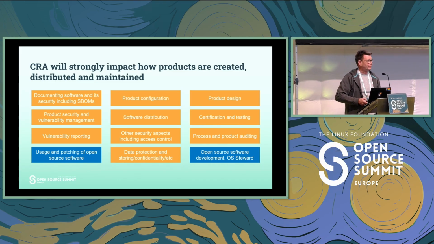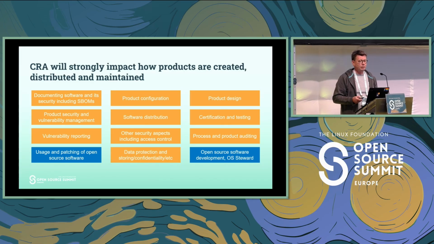This is not a random list of topics that are impacted by the CRA, but pretty much throughout the product creation, maintenance, and the ways of doing things are being impacted. It starts from you need to have specific documentation, you need to have the SBOMs for everything, you need to have your product security and vulnerability management according to the requirements.